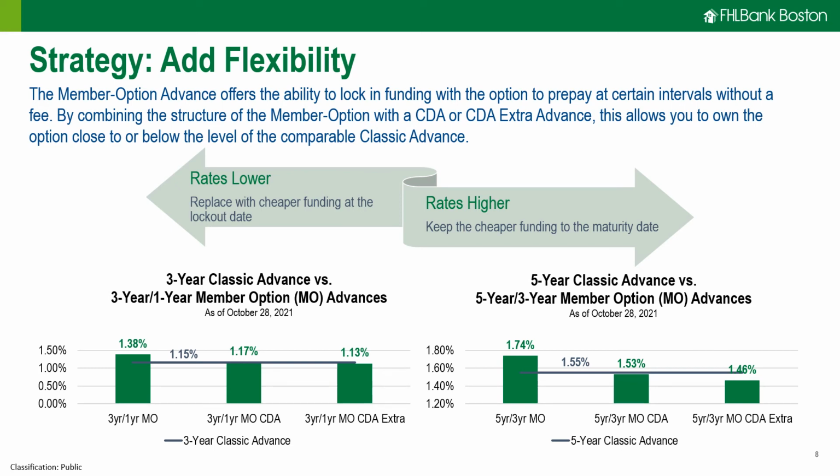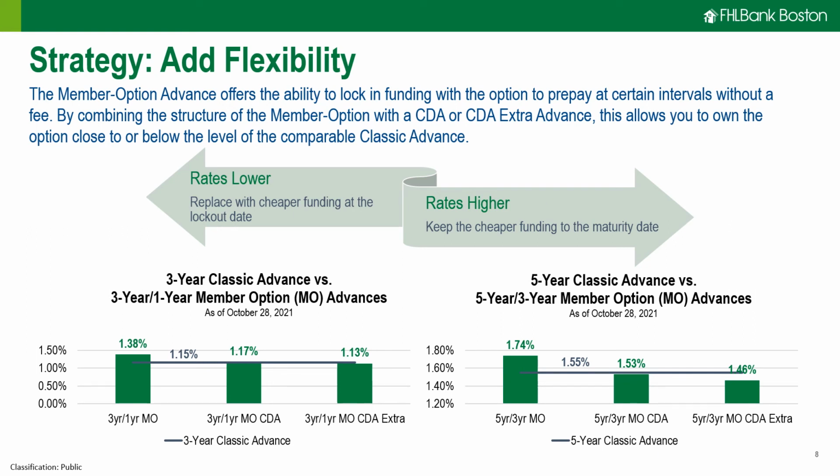When you look at it from a pricing perspective, again, we're looking at the chart on the left side here. The 3-year, 1-year member option is pricing at 138, and compared to the 3-year classic advance, that comes as a premium. And remember, you own the option here, so you're paying for that option and the ability to collapse the funding early. But if you were to take out a 1-year member option CDA, you're looking at 117, or a 3-year, 1-year member option CDA Extra, you're looking at 113.